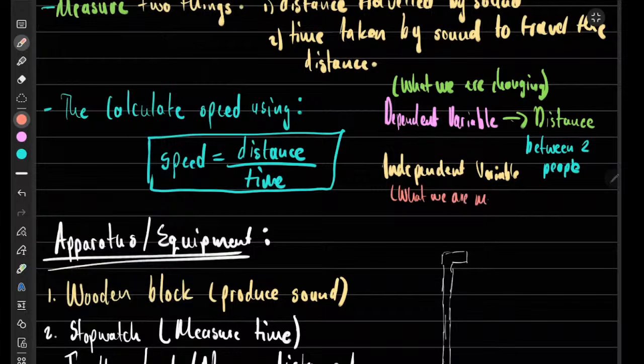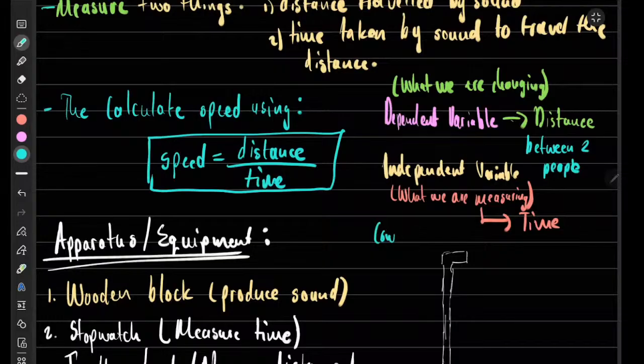What we are measuring. So we change something, then we measure the outcome. We change what? We change the distance to say, move further, then we start, then we clap, and the person hears, then records. So we will be measuring the time. It is what we are measuring.